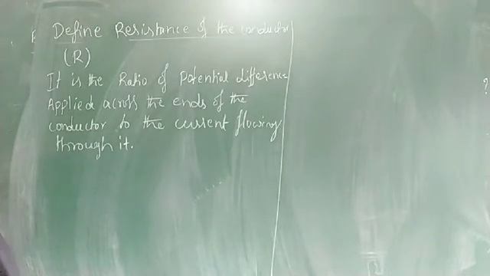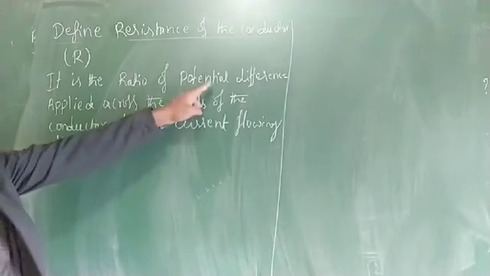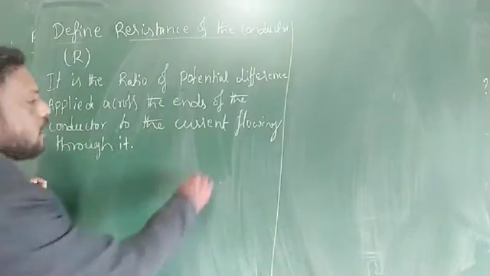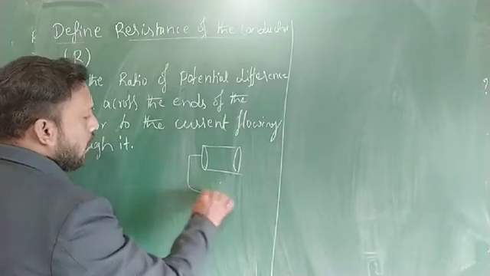If they ask to define resistance of the conductor, it is defined as the ratio of potential difference applied across the ends of the conductor to the current flowing through the conductor.